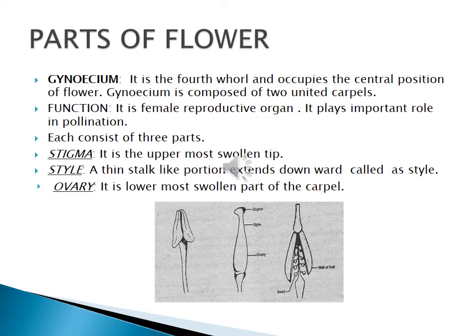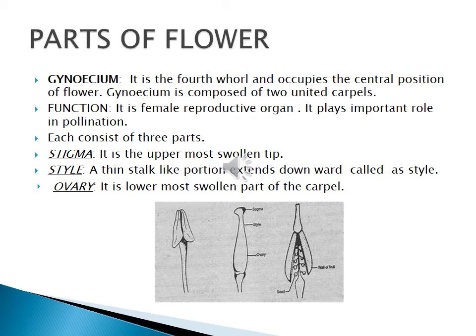When insects are attracted toward the flower to collect nectar, pollen grains attach to their bodies and are transferred from one flower to another flower. This is called pollination. This topic is in the biology book, page number 49, class 9.